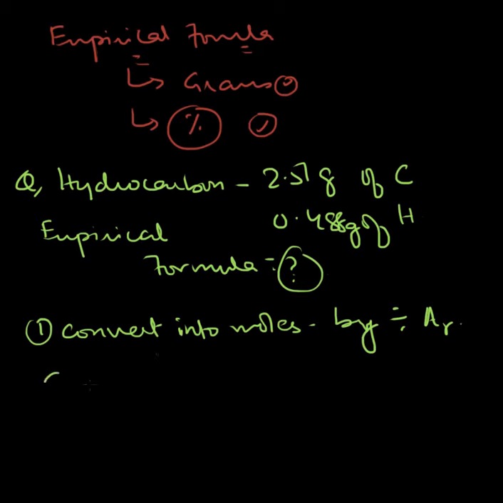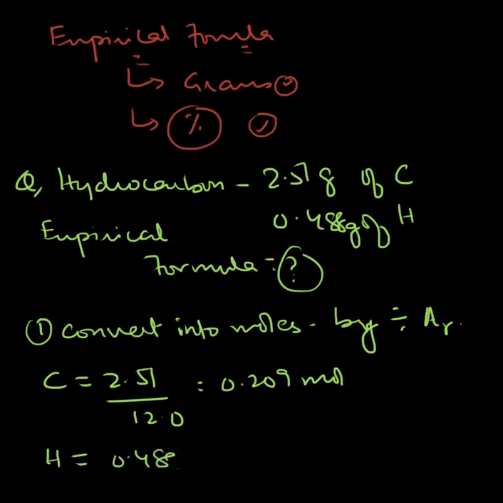So for carbon, 2.51 divided by 12.0 gives 0.209 mole. Similarly for hydrogen, 0.488 divided by 1.0, that is the AR, and this is simply 0.488 mole.